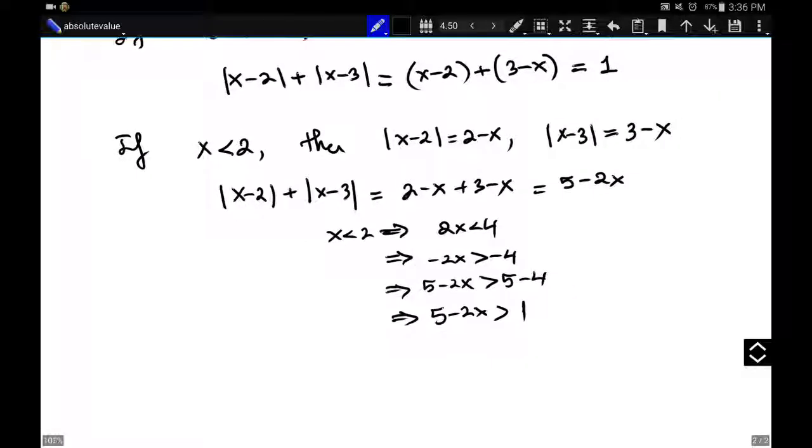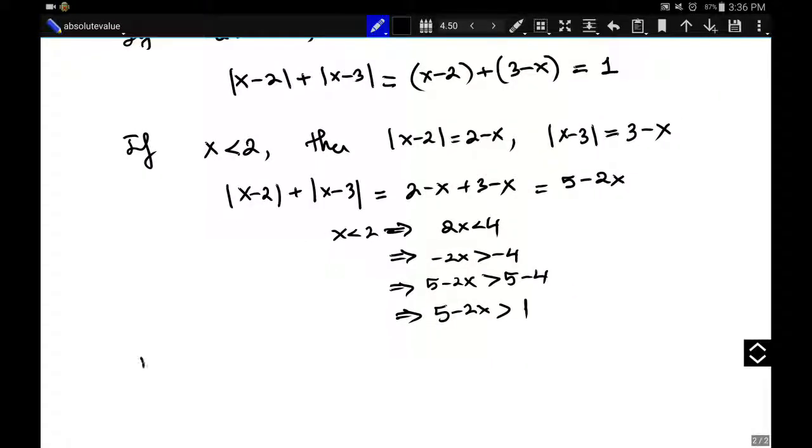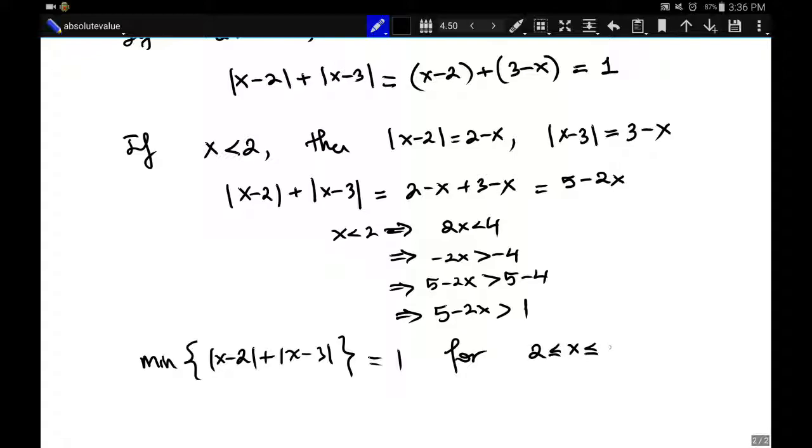The minimum of |x − 2| + |x − 3| is equal to 1, and this occurs for the values between 2 and 3.